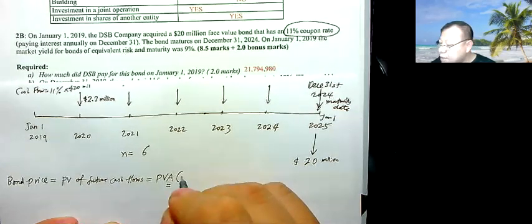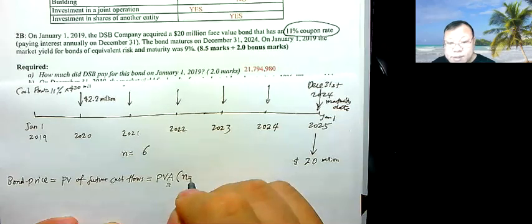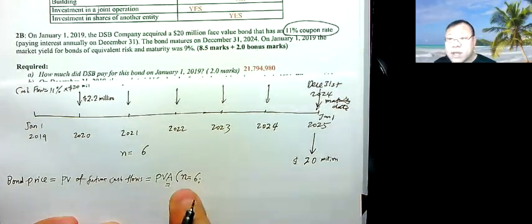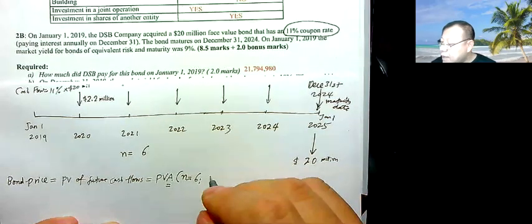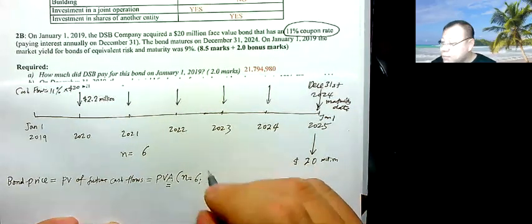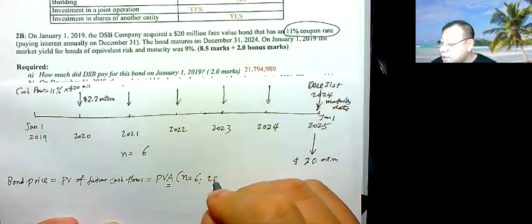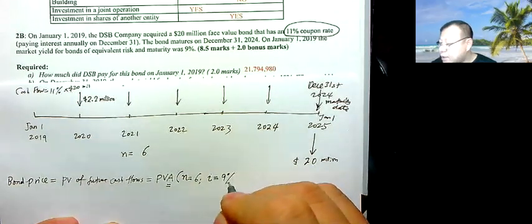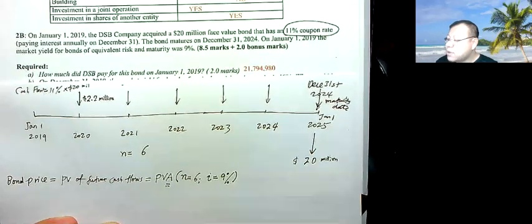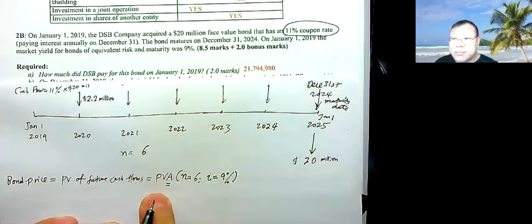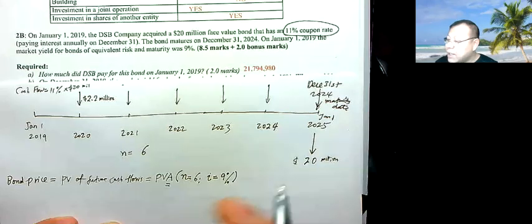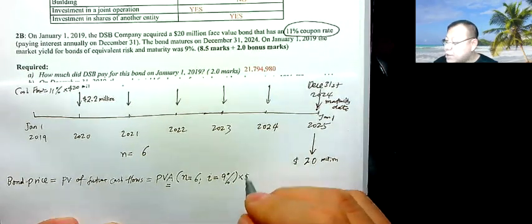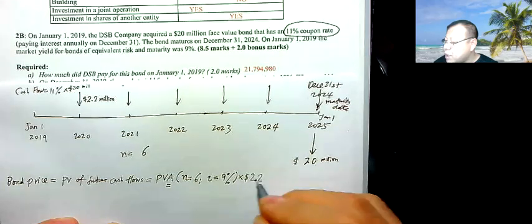So my N equals 6, that's my number of payments. And then my discount rate, the market interest rate, I equals 9%. So I want to find that discount factor by looking up a table. And then I'm going to multiply by the cash flow, which is 2.2 million.